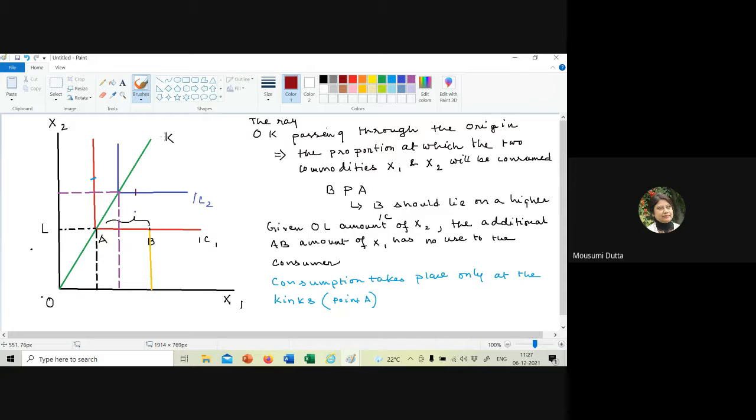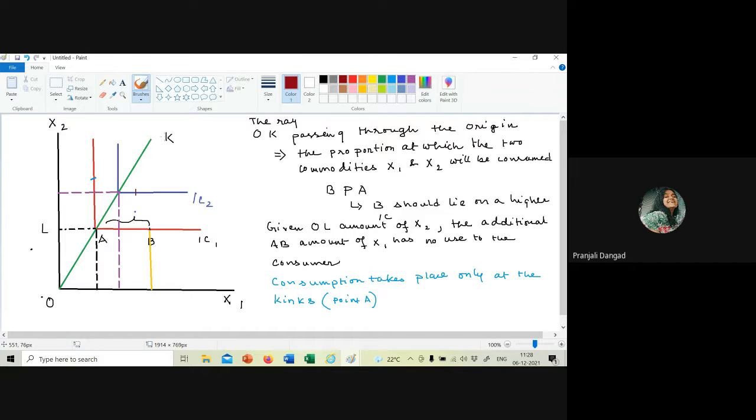The brown point remains irrelevant to the consumer, whatever be the amount of x1 and x2 it consists of, because it is not following the proportion at which the two commodities can be consumed. So consumption will take place only at the kinks, only along the ray OK.